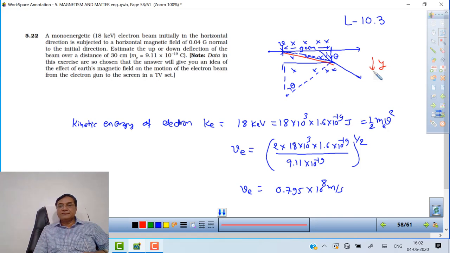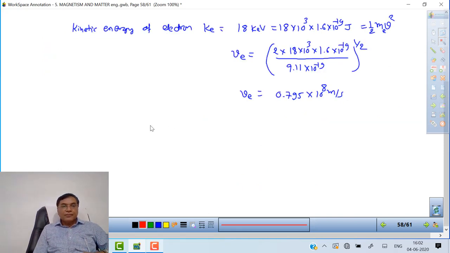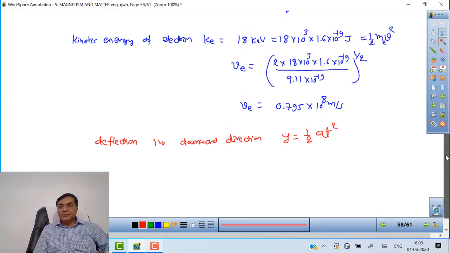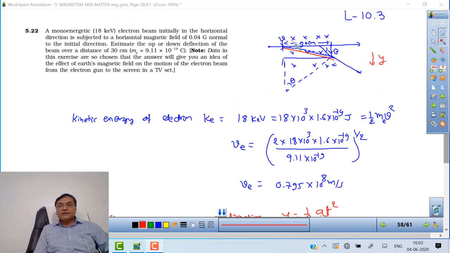The y deflection in the downward direction is y equal to half a t square. So if you find a and t, then it is possible. This is the distance actually, and the velocity is known. So distance over velocity gives the time to cross this much distance.